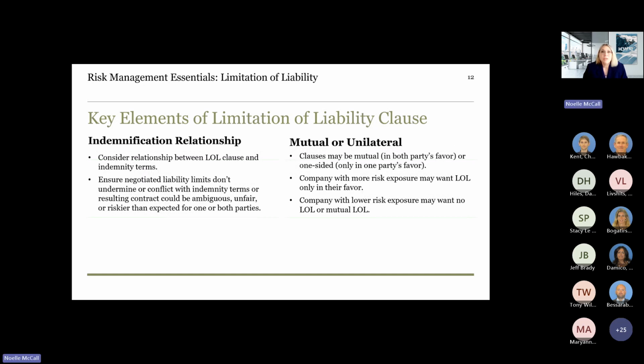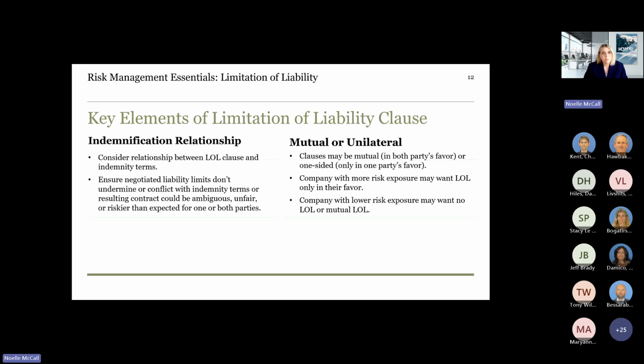Now, there is a relationship to the indemnity clause. You need to consider when you're drafting the limitation of liability clause how that may impact the indemnification clause or terms. Make sure that any negotiated liability limits don't undermine or conflict with your indemnity terms, or the resulting contract could be unclear, ambiguous, totally unfair, or riskier than expected for one or both parties.